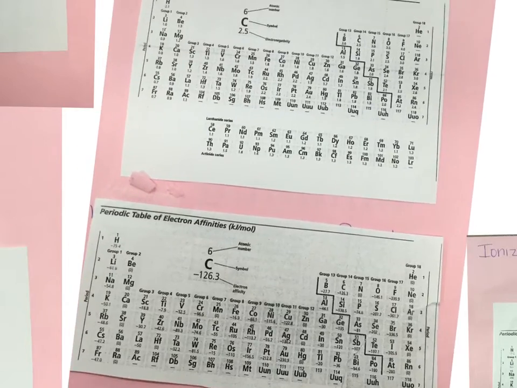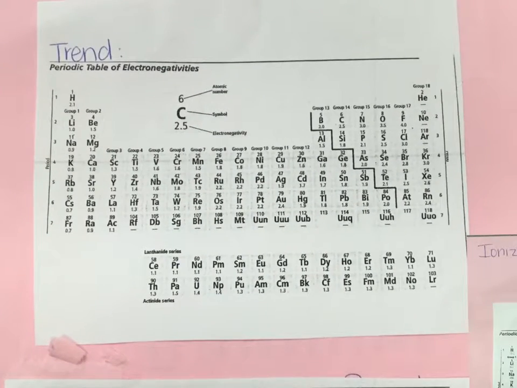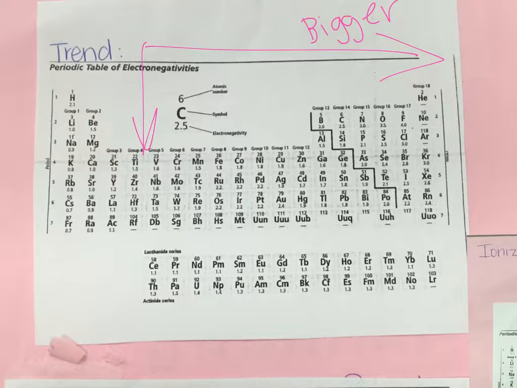This one? Your electronegativity. So what did we notice going across on electronegativity? We got bigger, yep. And what did we do going down a group? Smaller, we decreased. Good.